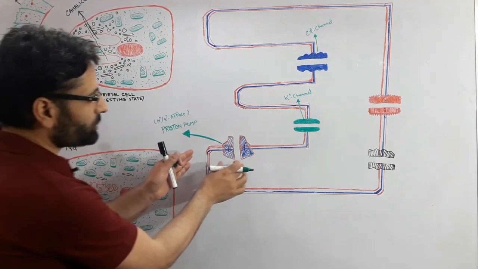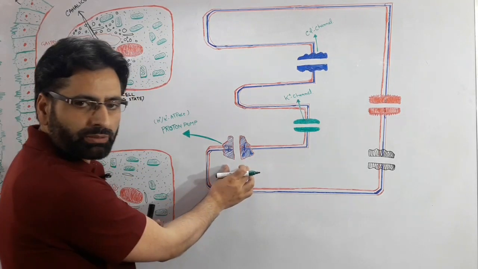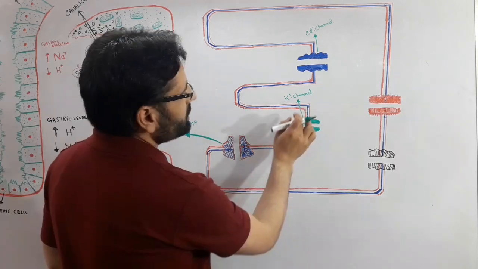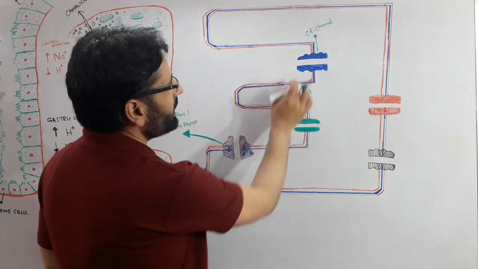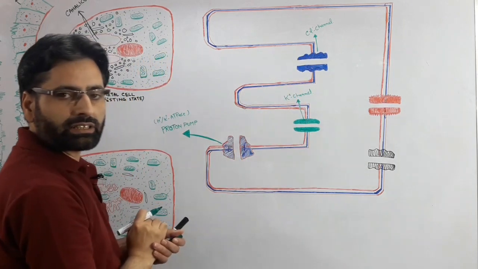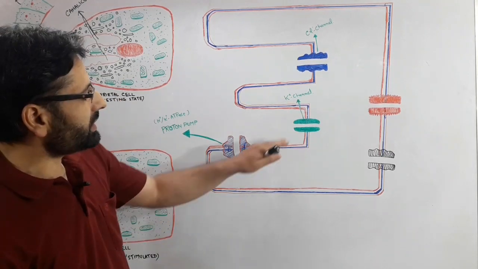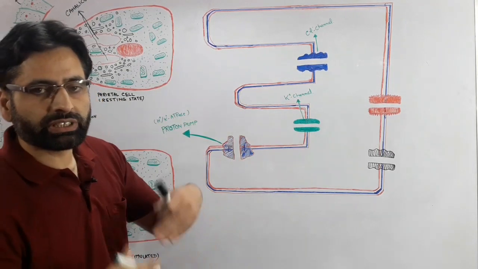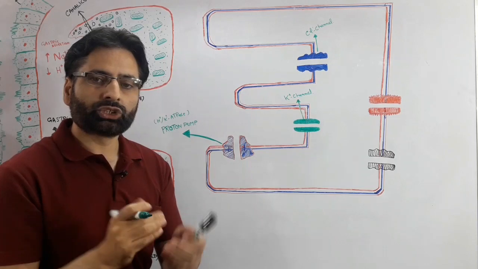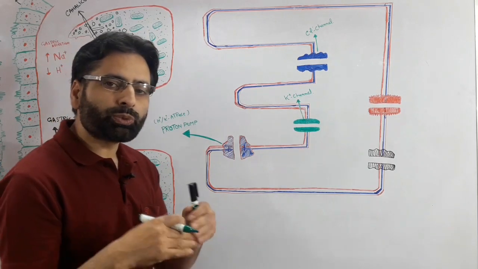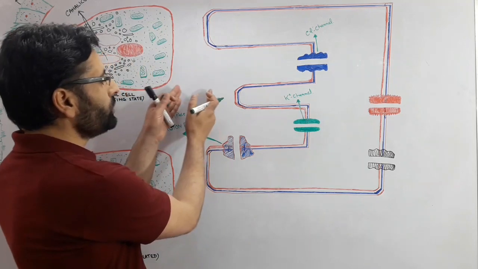And here, as you can see, this is the proton pump, or the hydrogen potassium ATPase. Here it is the potassium channel and here it is the chloride channel. In this apical membrane, we have an increase in the number of these channels when the parietal cell is stimulated.